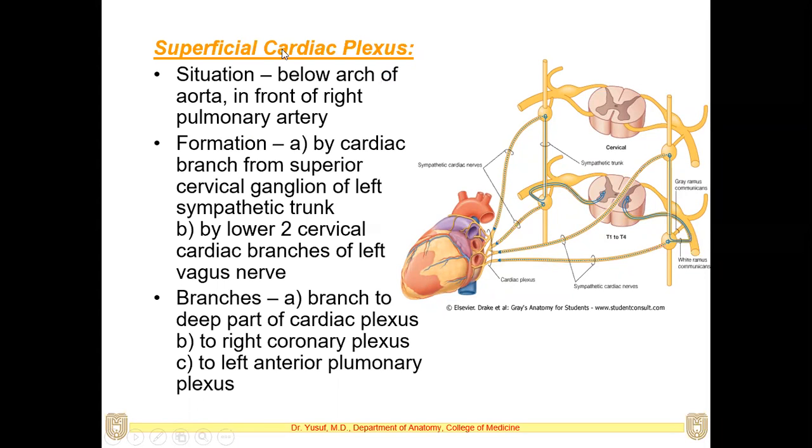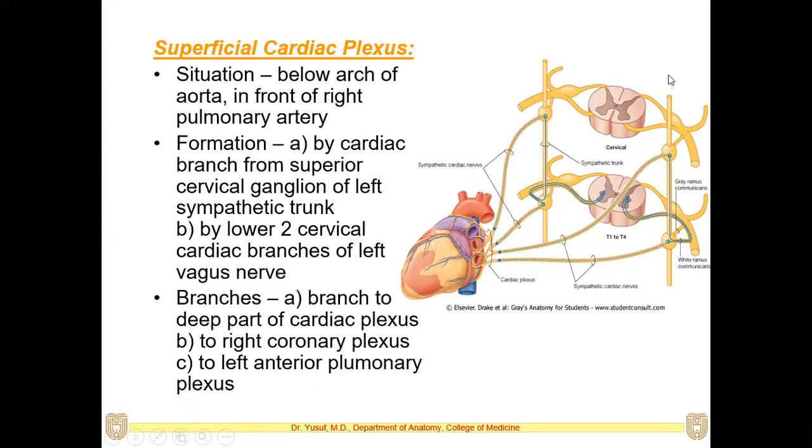What is the difference between the superficial and deep cardiac plexus? The superficial cardiac plexus is situated below the arch of the aorta. If you see here, this is the arch of the aorta, and just below that is the superficial cardiac plexus, in front of the right pulmonary artery. How is it formed? It is formed by a cardiac branch from the superior cervical ganglion of the left sympathetic trunk.